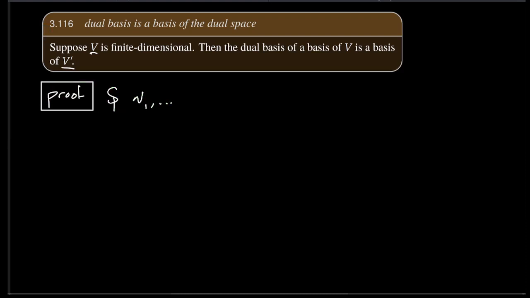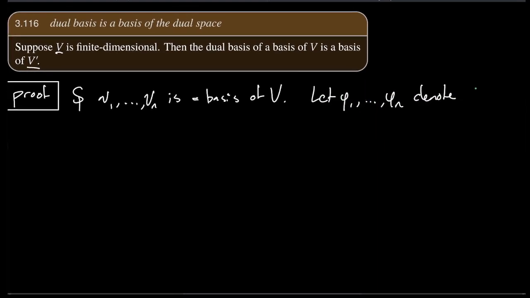Suppose that v1 through vn is a basis of v. Now, let's let phi 1 through phi n denote the corresponding dual basis. Okay, so we got a basis. We can get our dual basis paired to this basis. All right.